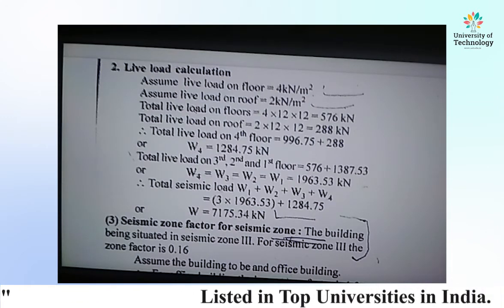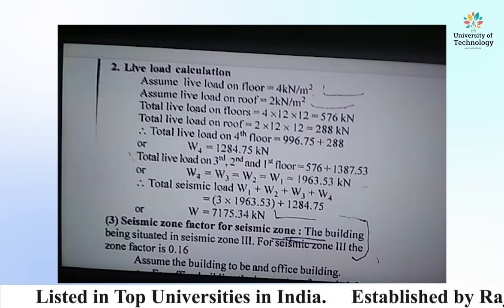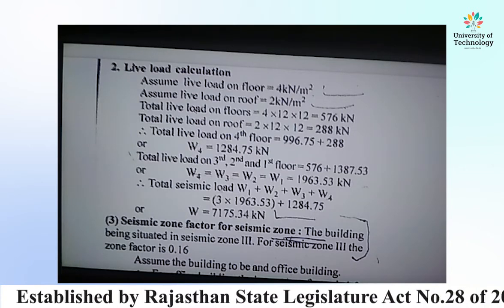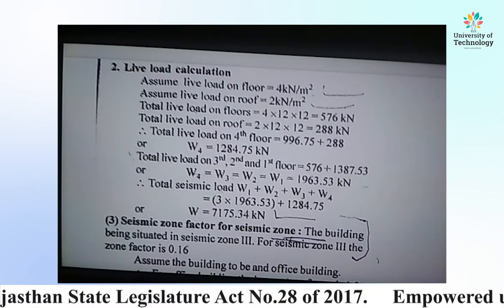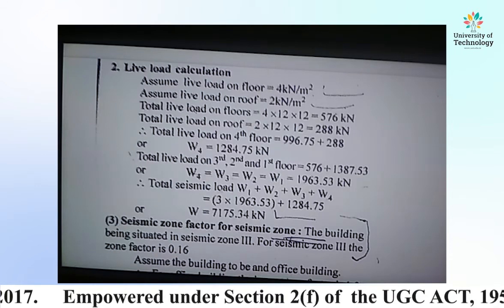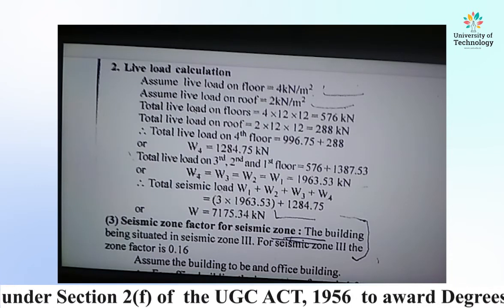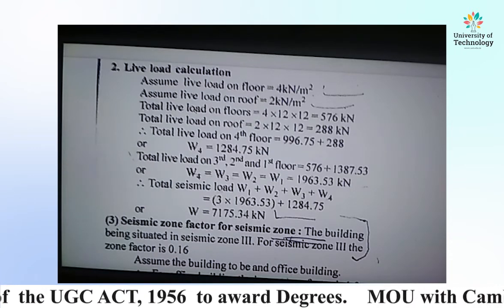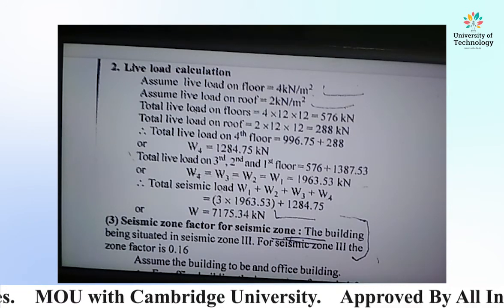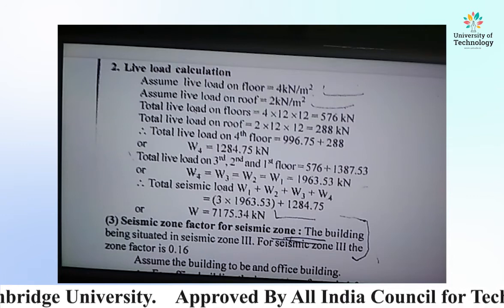So the total seismic load is W1 plus W2 plus W3 plus W4, the sum of these 4 stories, taken as 7175.34 kilonewton.